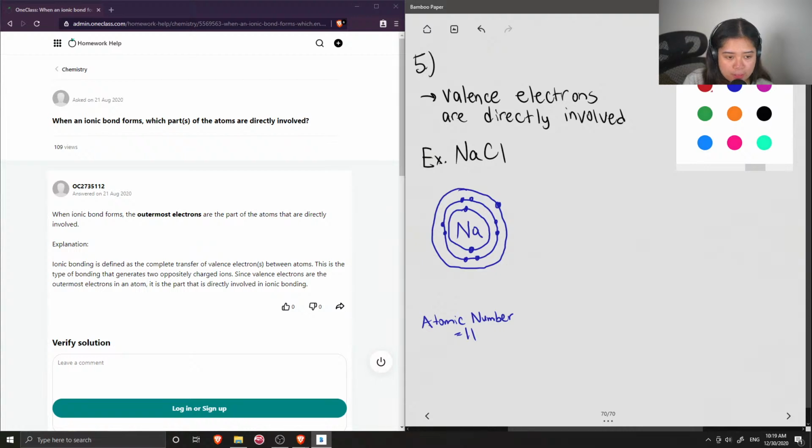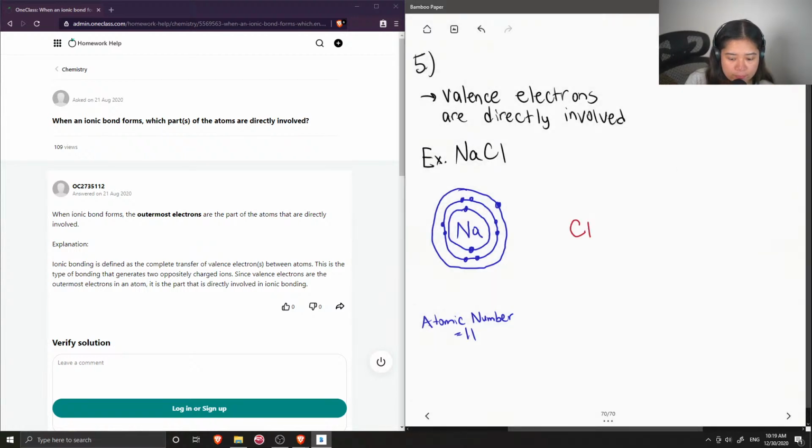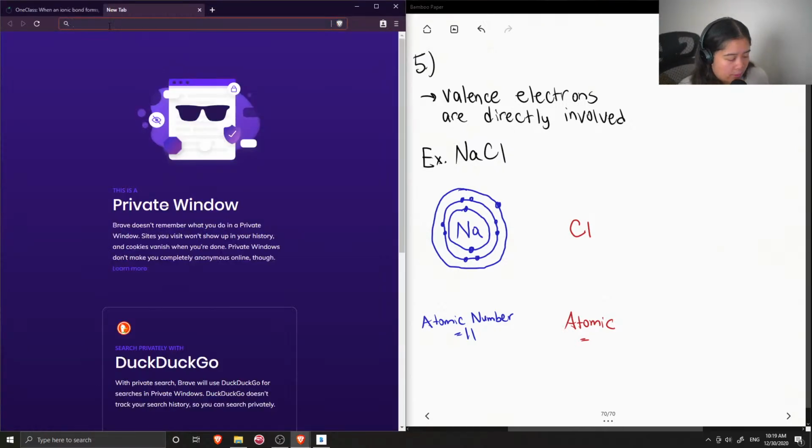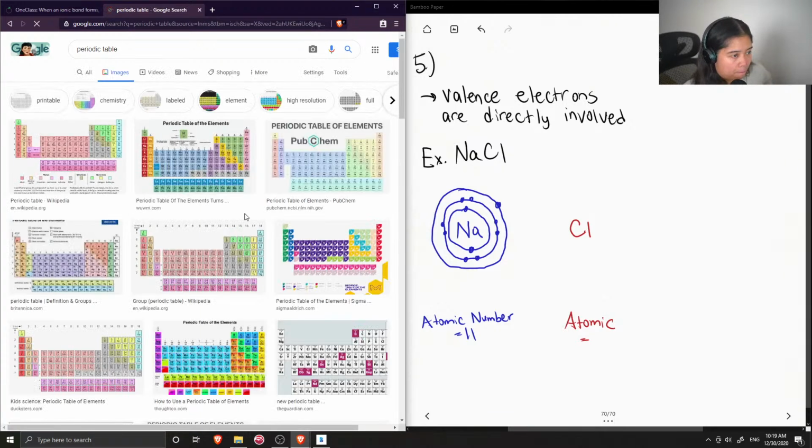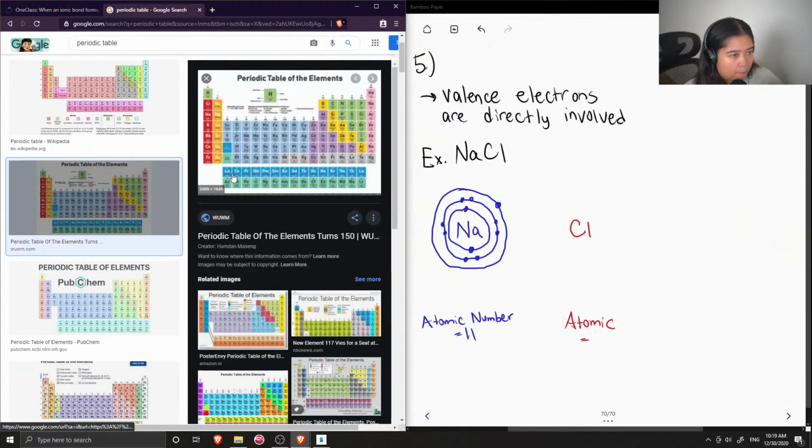And then this comes together with a chlorine atom, and chlorine has an atomic number of 17, I believe. Look at a periodic table before to double check. Yep, so 17.